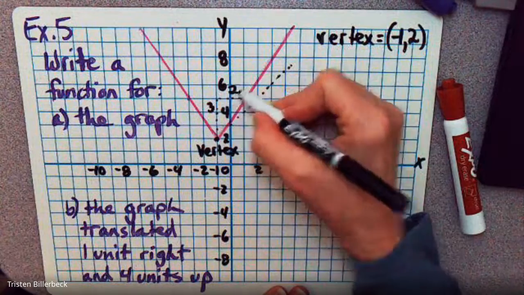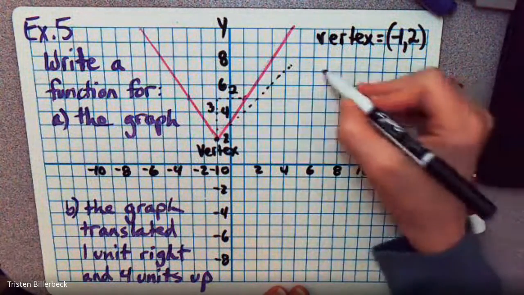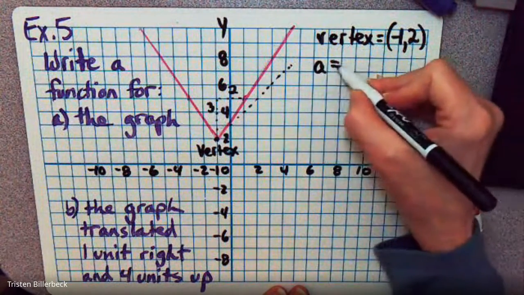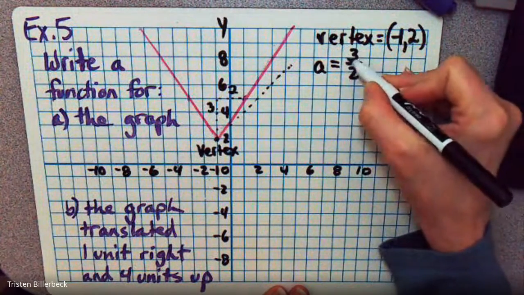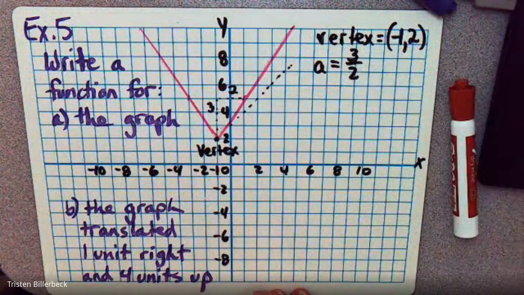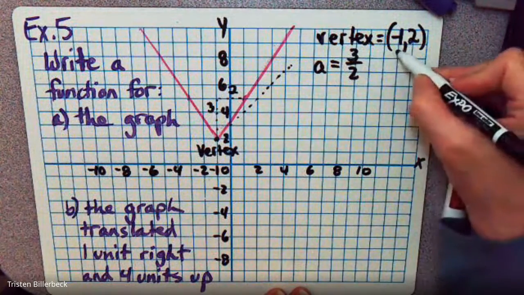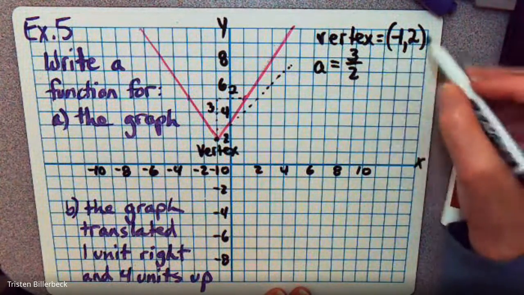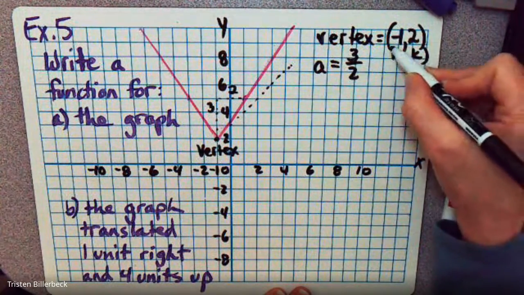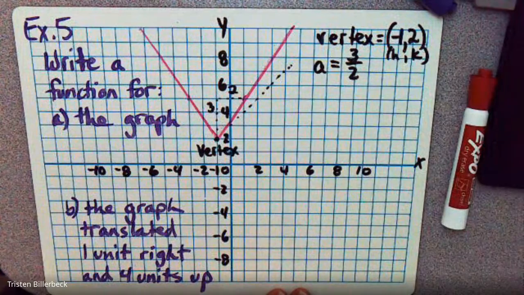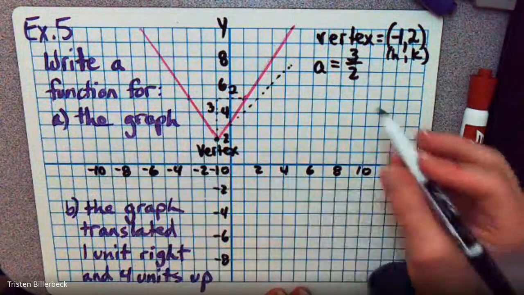So it's very close to 1, but it's not. So we see a equals 3 over 2. Okay, and we have h and k. That's all we need to write the function.